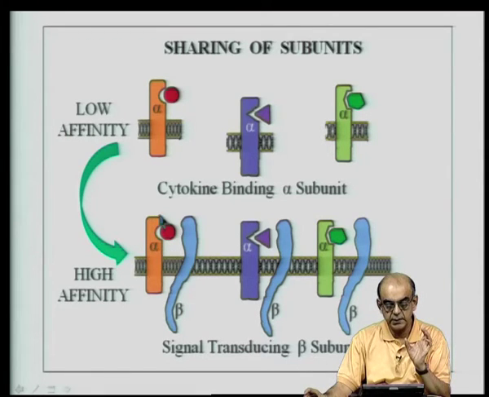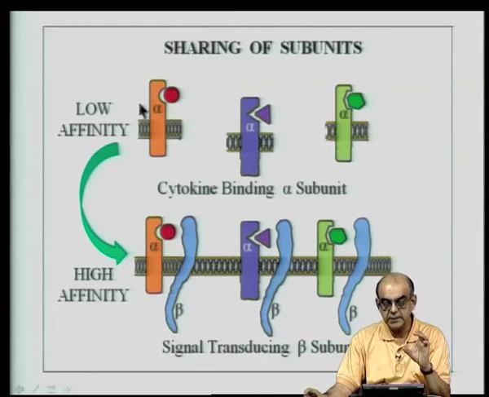Once the cytokine binds to the alpha subunit, the beta subunit binds to this alpha subunit, making the affinity stronger. So, a low affinity binding is converted into a high affinity binding and now has the ability to transduce the membrane signaling events that ensue due to the cytokine binding of this receptor.